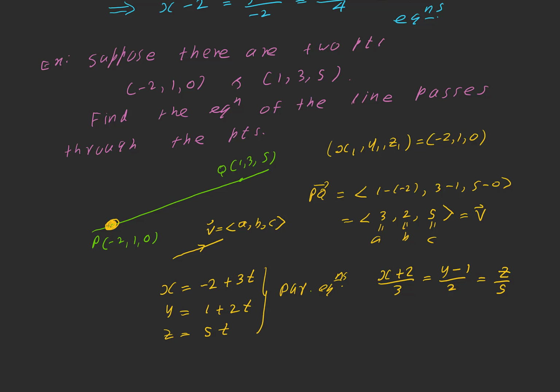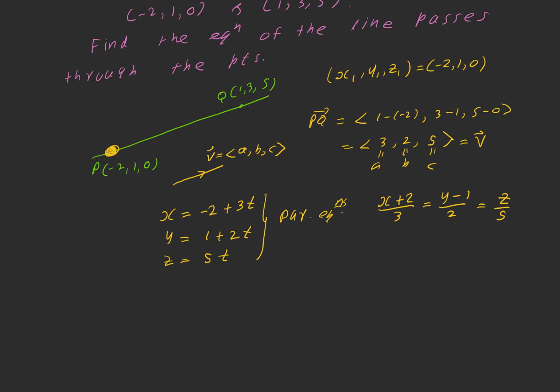So how do we find a point on the line? You can find any point on the line by plugging in values for t. Let me try t equals 0. If you plug in t equals 0, you will get x equal -2, y equal 1, z equal 0.